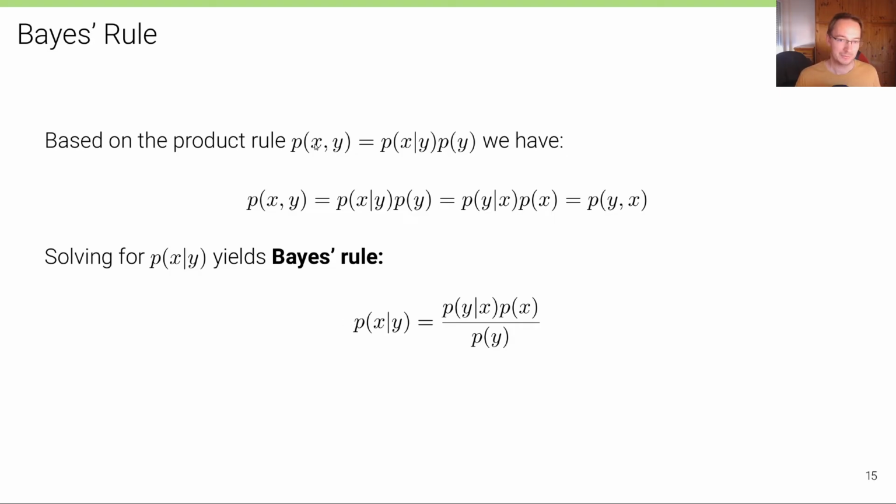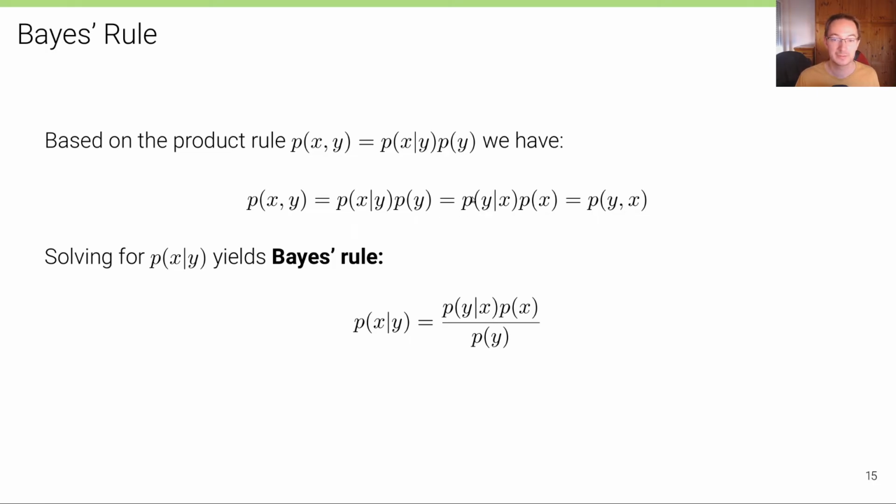Based on the product rule, p of x y equals p of x given y times p of y, we have the following relationships. First of all, we have p of x y equals p of x given y, p of y. And then, of course, we can also reverse the order of these two random variables inside that probability distribution, which doesn't change anything.